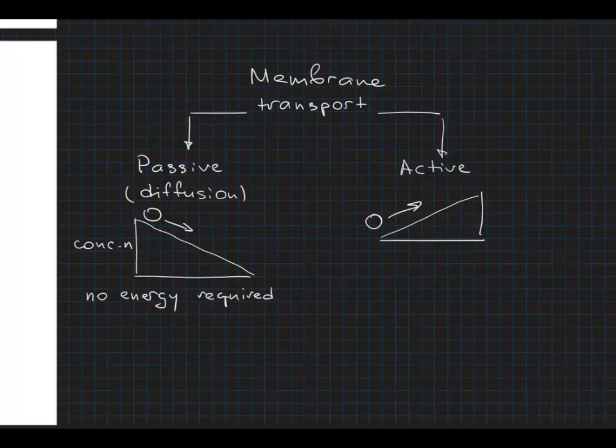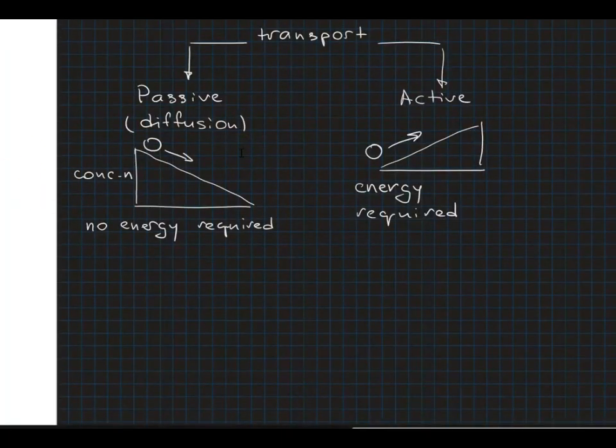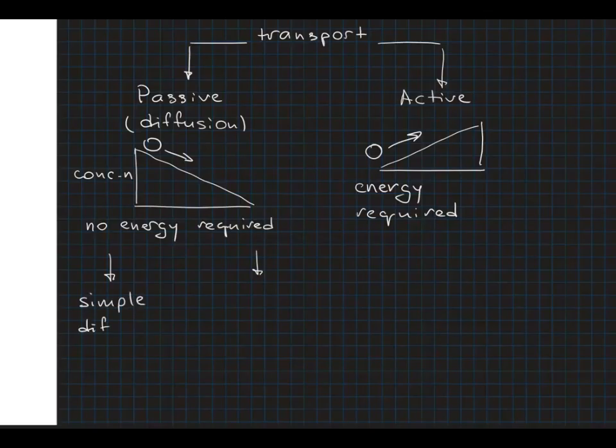Now, I'm not going to go into the weeds of active transport, but for the passive transport, I want you to understand that there are two types here. Simple diffusion and facilitated diffusion. So simple diffusion is reserved for small nonpolar molecules.